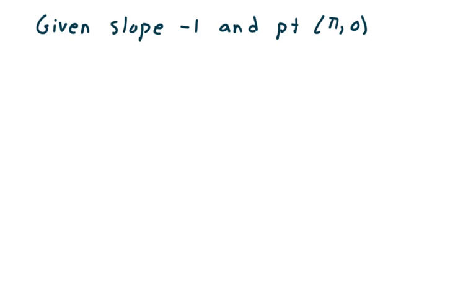So we're given slope -1 and point pi, 0. We can now get the equation of the tangent line. I'll use the same method as problem 57. Y equals mx plus b.